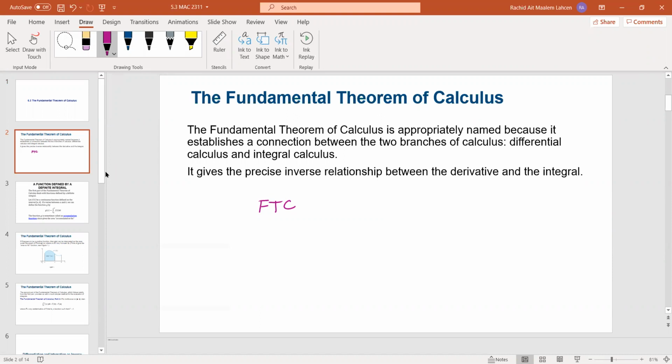is named, of course, because it establishes the connection between the two branches we've seen, which are differential calculus and integral calculus. It gives the precise inverse relationship between these two parts.